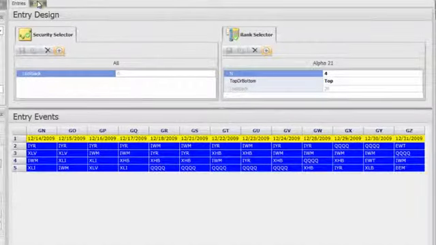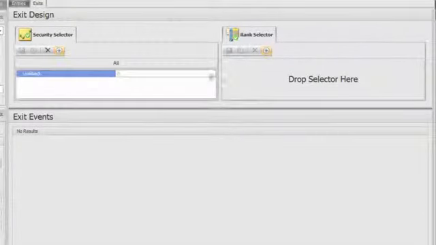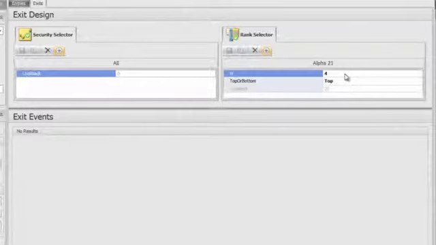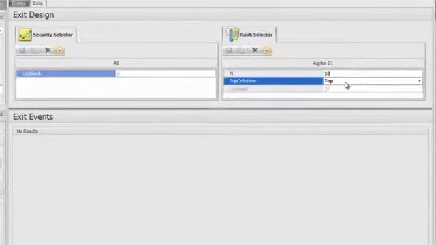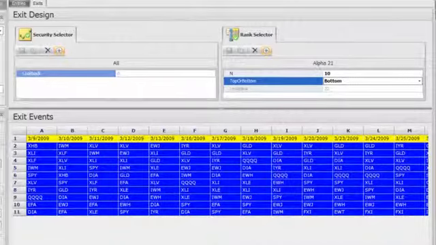So very similar to the entries, we can put in our exits, use the same ranking, but this time choose the bottom 10, and populate this exit signal grid with the bottom 10 rankings.